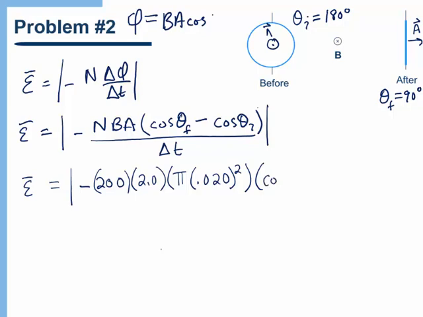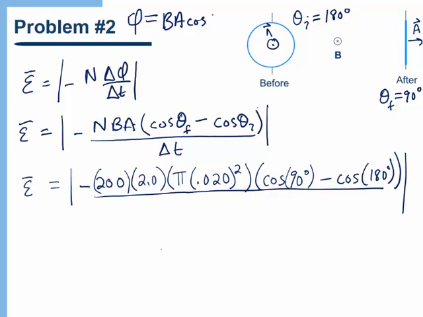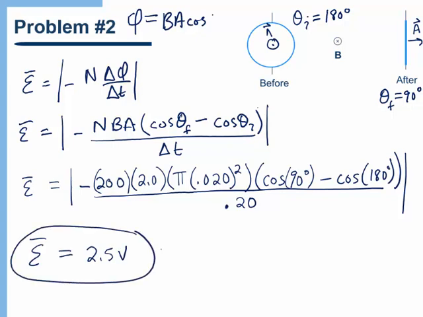We've got the cosine of 90 degrees, that's our final angle, minus the cosine of 180 degrees, that's our initial angle. And now we've got to simply divide by how much time it takes for this change to occur, which was 0.20 seconds. If you calculate that, you should find that the average induced EMF was 2.5 volts during that time.